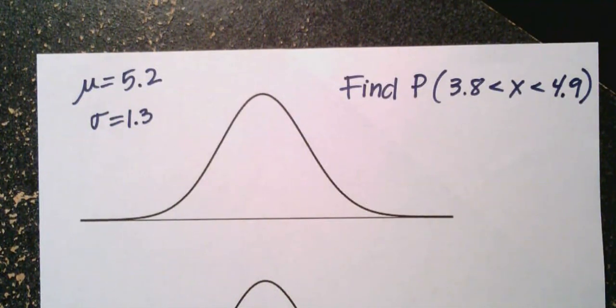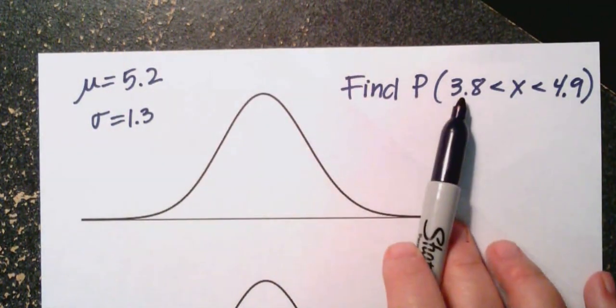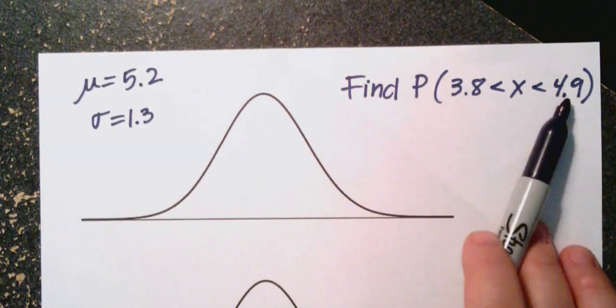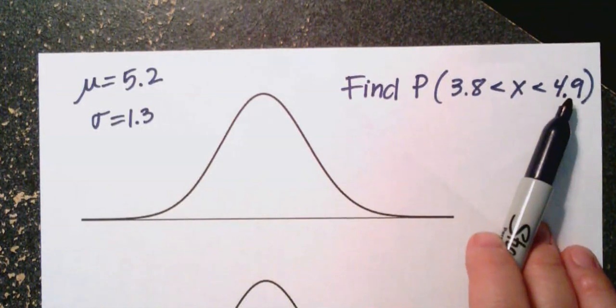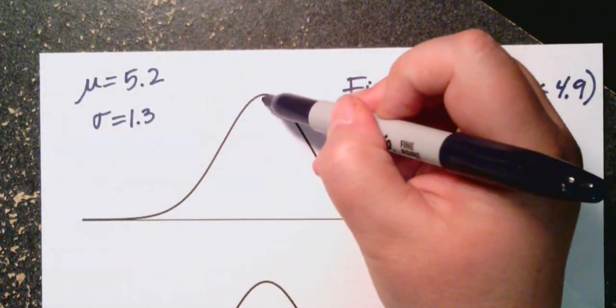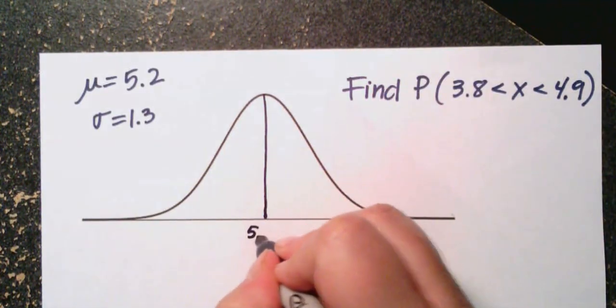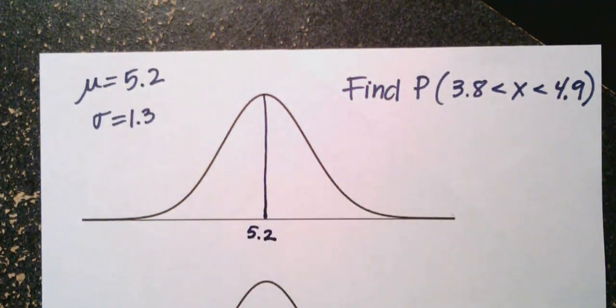So let's finish up with just a few more quick problems to make sure we understand this. Here's an example of a problem you might be given, where you're told to find the probability that a randomly chosen value of your data falls between 3.8 and 4.9. And you're given that mu is 5.2 and that the standard deviation is 1.3.